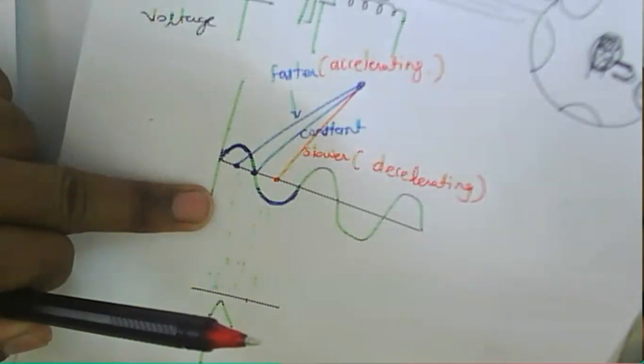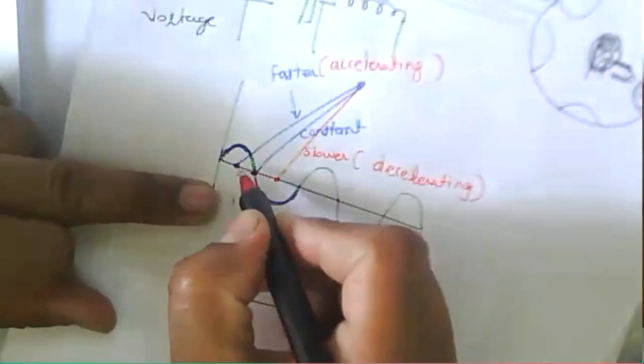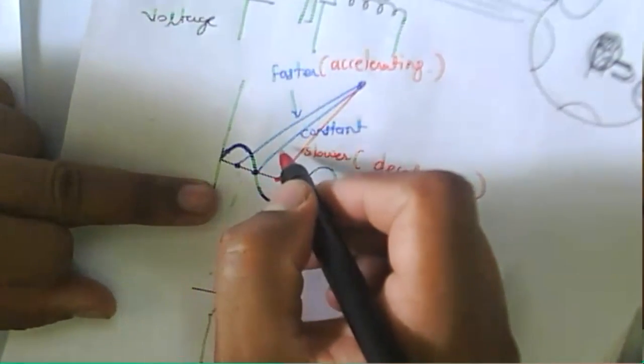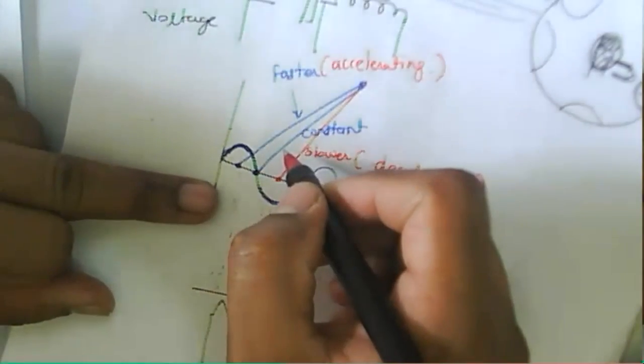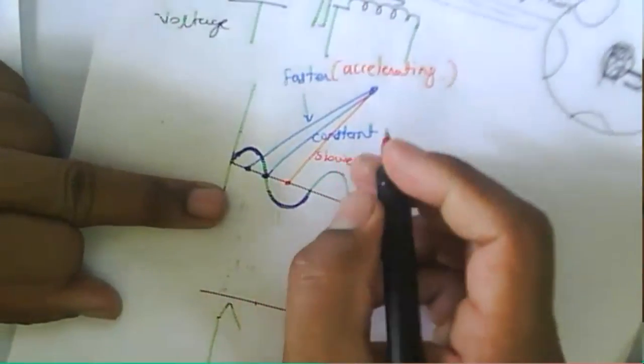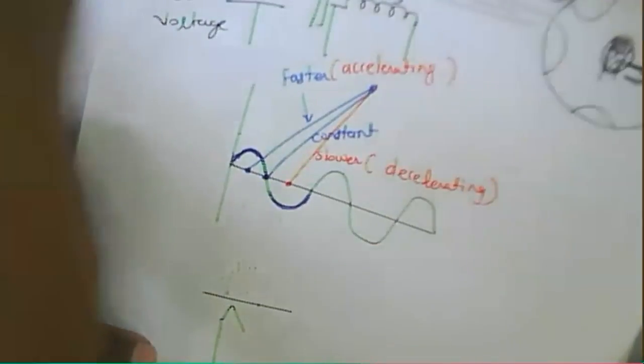Due to the increase in the velocity of those electrons, we can say that velocity modulation takes place inside the tube.